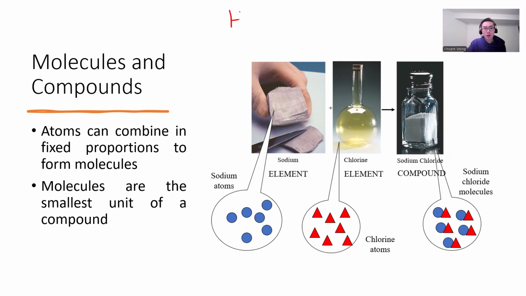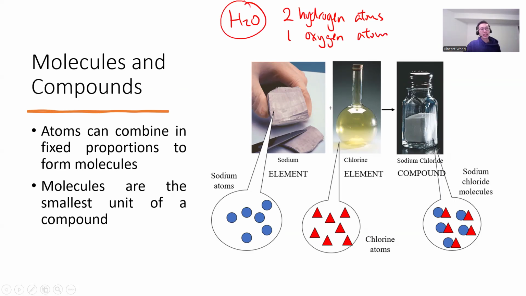When we say H2O, it is actually two hydrogen atoms connected with one oxygen atom. This 2-to-1 ratio is fixed. All the water that we know of is made up of H2O. It doesn't matter if it's water from your tap or water you scoop up from the ocean, they are all H2O. It's a fixed proportion.